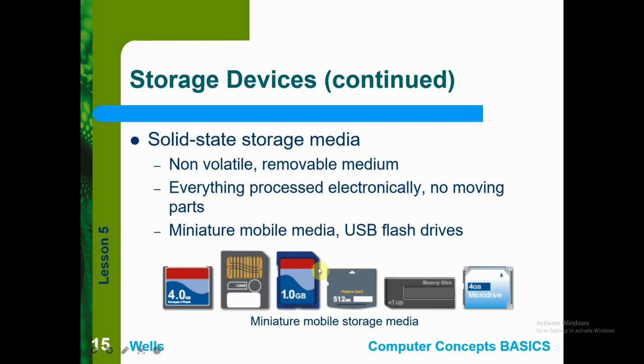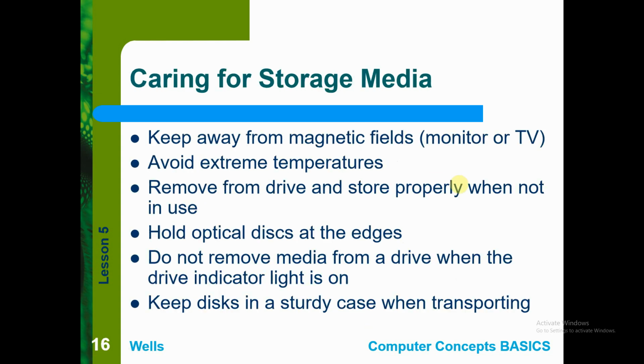They are microchip technology, mostly small, and they contain information according to the memory size provided. Not only in our mobile devices, but flash drives are also the best example of a solid state storage media.